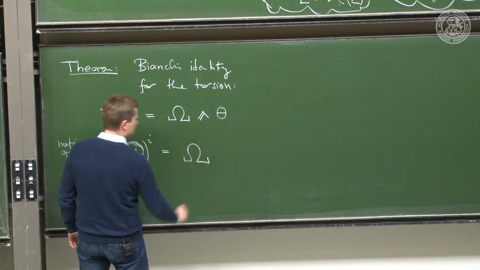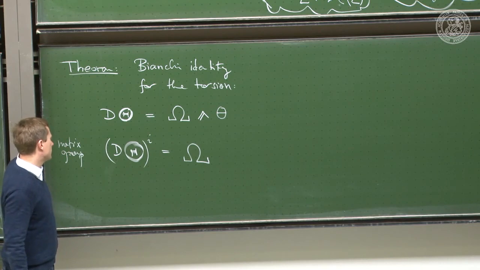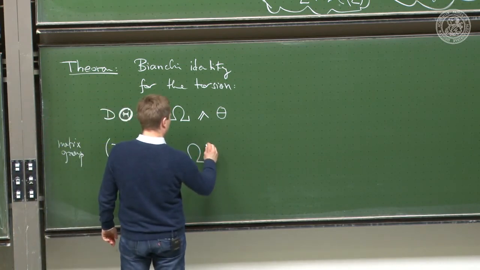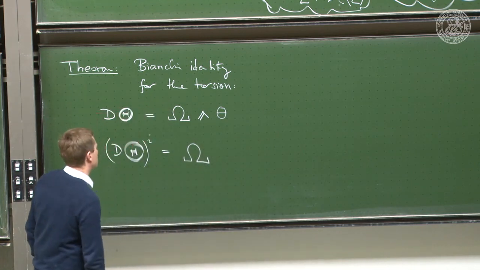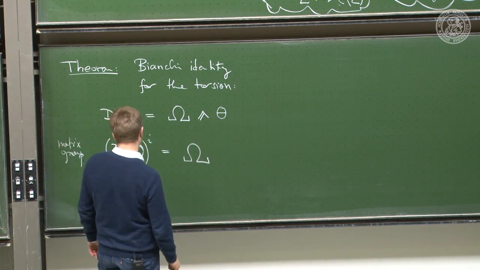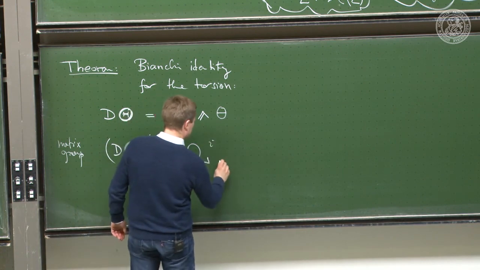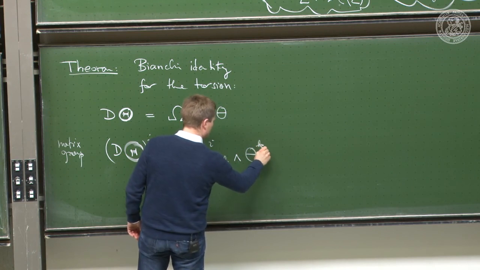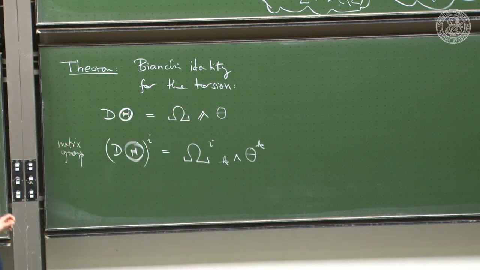Then you have the curvature 2 form here. It acts by I K wedge on the theta k. No, sorry, it's the 3 form.